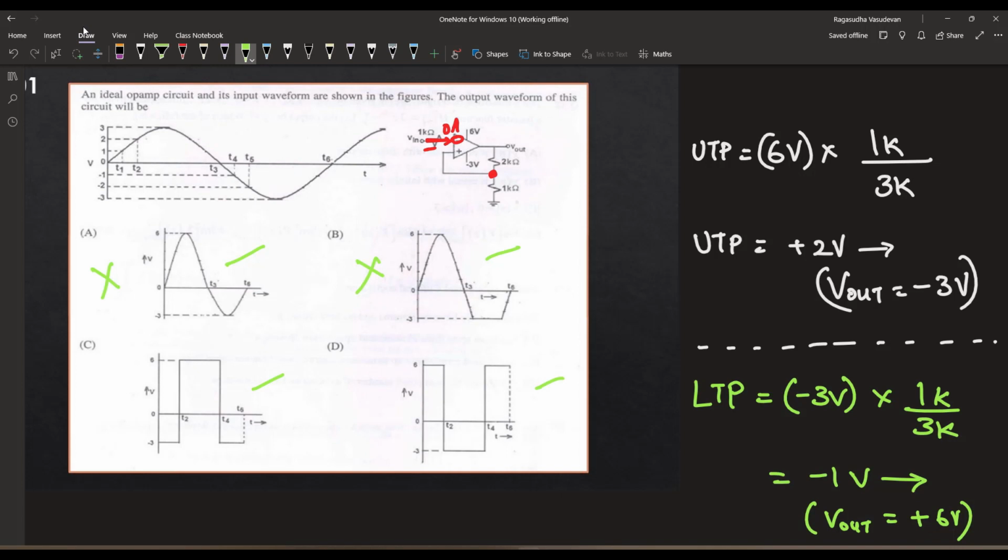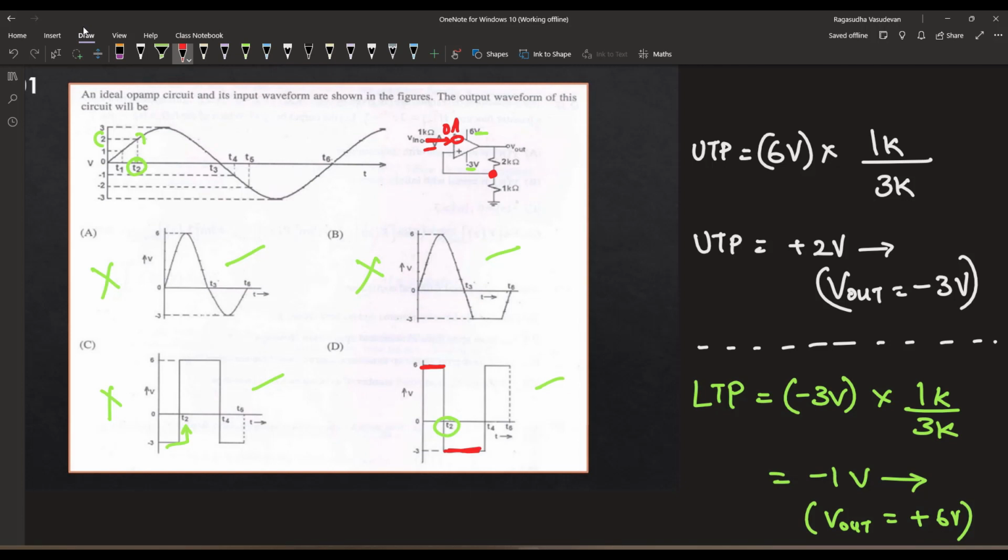In the next option, at time t2, it switches from minus 3 to plus 6, or minus VEE to plus VCC. This doesn't happen, because at time t2, where the input goes beyond the upper threshold point, at this instant exactly it switches from plus VCC to minus VEE.